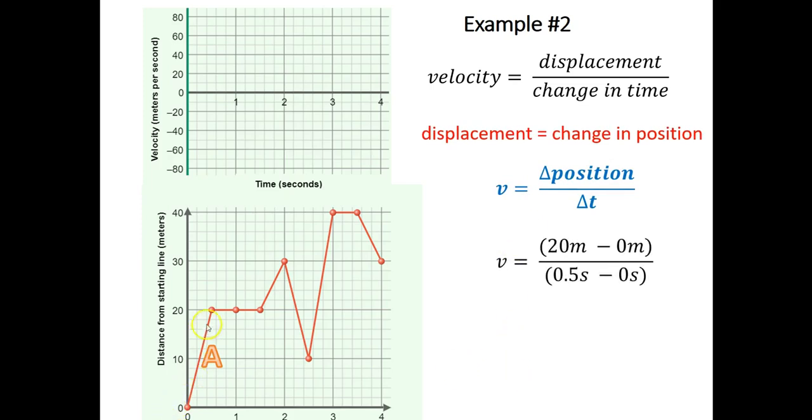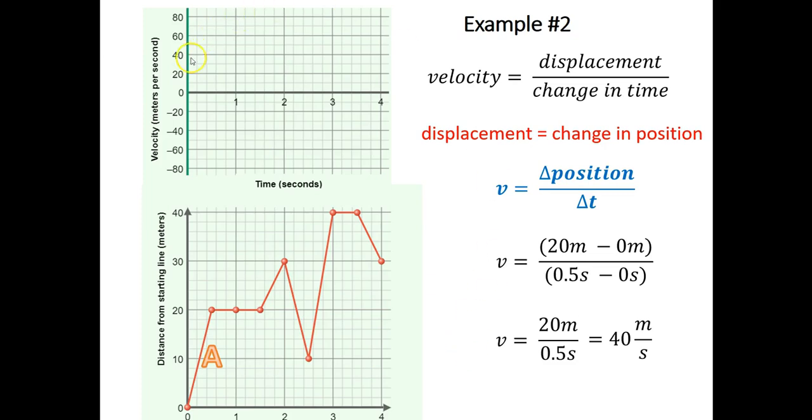For our first line segment here, our change in position is 20 meters minus 0 meters, but we've only gone for a half a second, so it's 0.5 seconds minus 0. And that gives us 20 meters divided by 0.5 seconds. And when you put that in your calculator, that gives us a velocity of 40 meters per second.